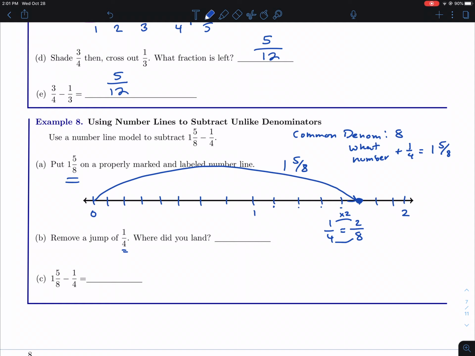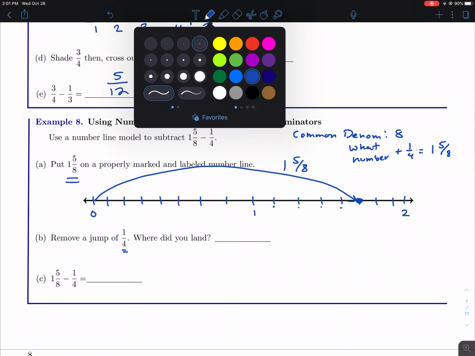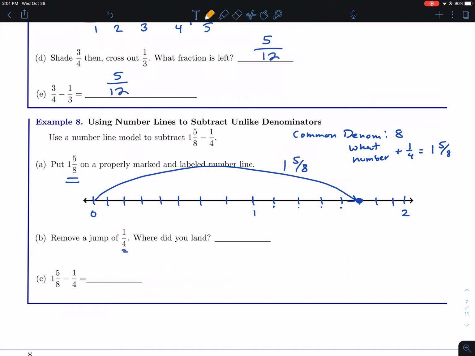Now I can go backwards and figure out how far to go back. Let me erase that because it's right in my way. I want to drop back 2 places. So from here to here is my 2/8 or 1/4, however you want to think about it. Then from there, what would I need to add to that 1/4 or 2/8 to get the right answer?